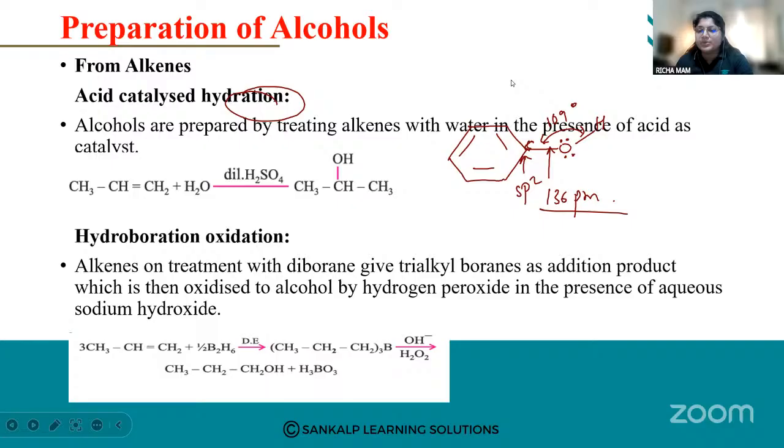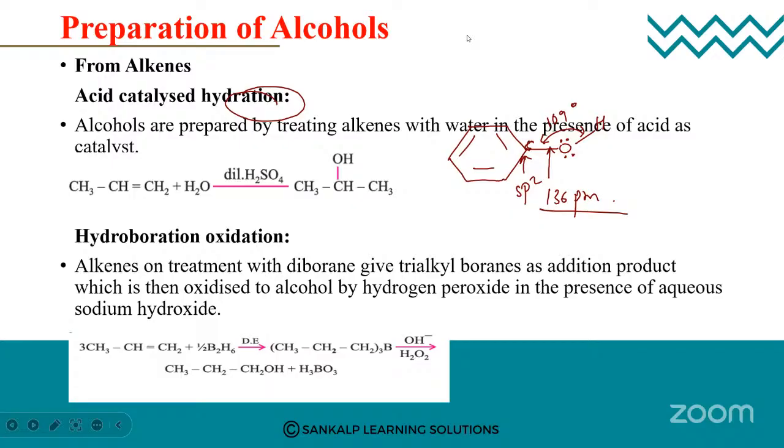So what is happening at each step? Hydrogen is replaced by the diborane, and at last we react it with aqueous NaOH, and you get the alcohol.